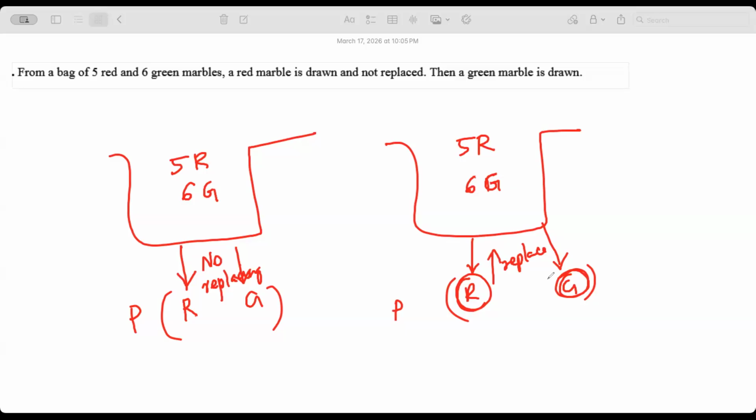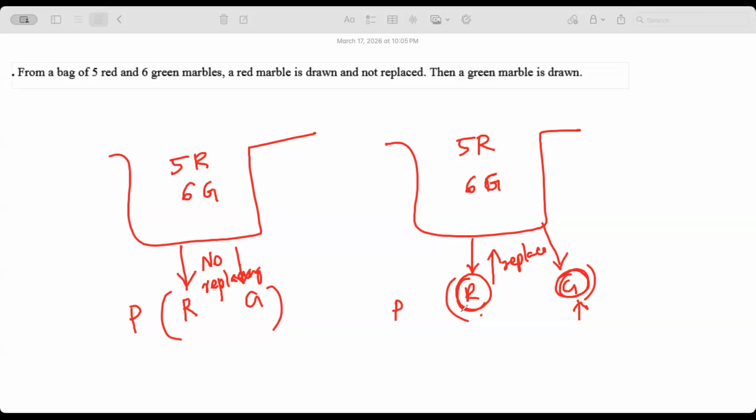So the bag's status is unchanged. So is picking green dependent on red? Yes, no, what do you think? Which is dependent probability, which is independent probability here? Try, guys. Johan, you try.